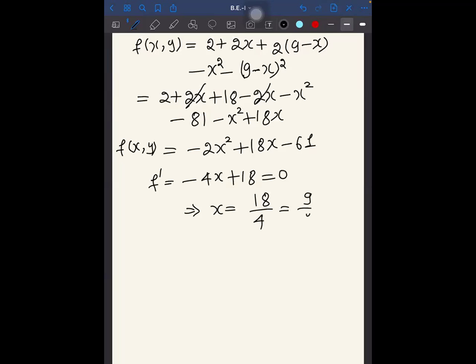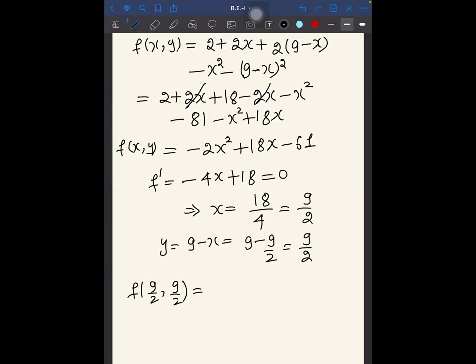So if your x is 9 by 2, you know that y is 9 minus x, that means 9 minus 9 by 2, that is 9 by 2. Right? So now we can get the value of this function, that is f of (9 by 2, 9 by 2). We can put 9 by 2 directly in this function as such, if you really want.